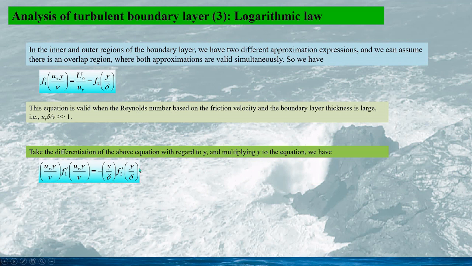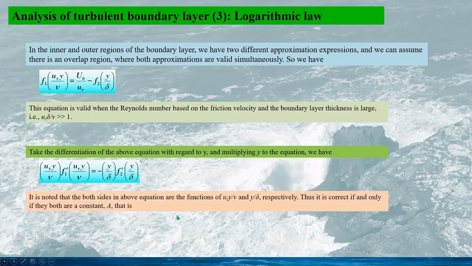Now we take the differentiation of the equation with regard to y and multiply by y on both sides. We have the expression as this.